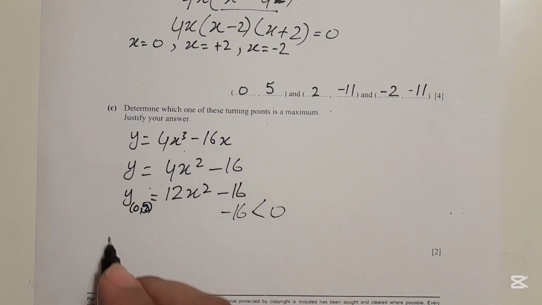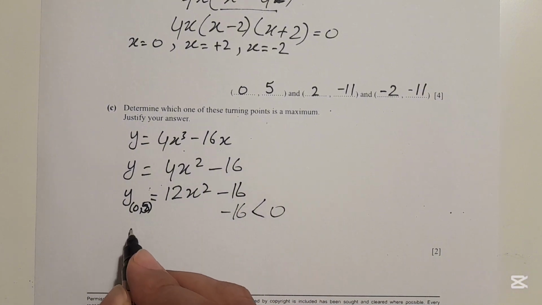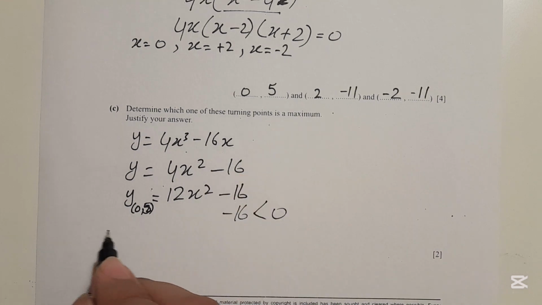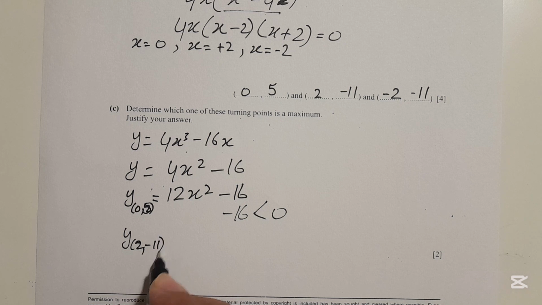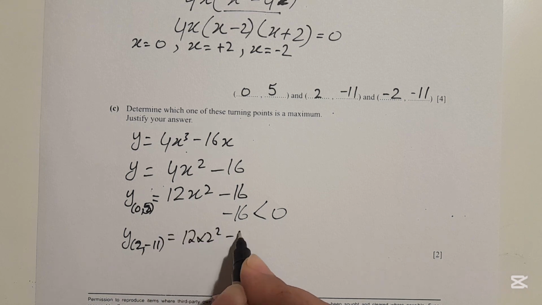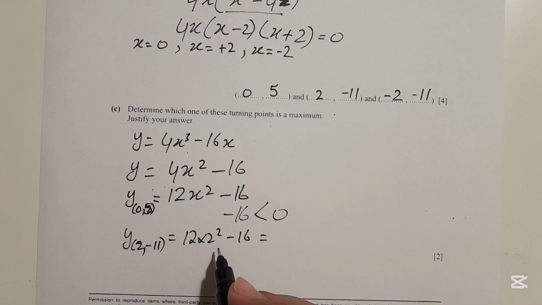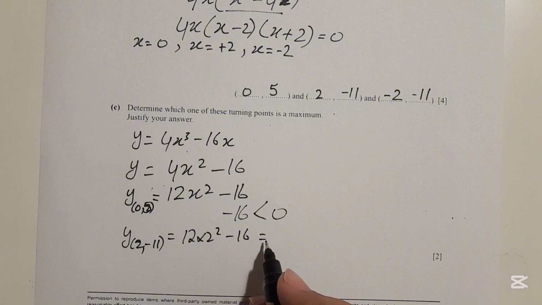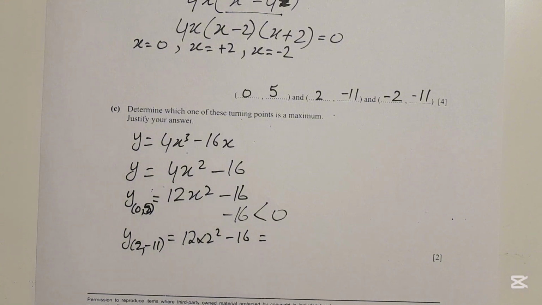Then we use the point 2 and minus 11: 12 times 2 square minus 16, which is 4 12s are 48, minus 16 is 32.